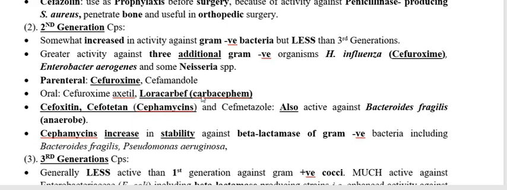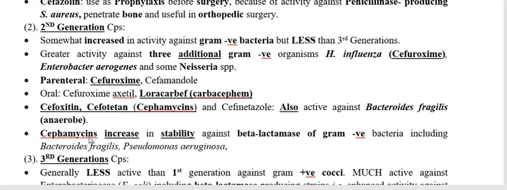However, loracarbef is a carbacephem, and cefoxitin and cefotetan are cephamycins. I earlier mentioned that these cephamycins act against Bacteroides fragilis, that is an anaerobe.